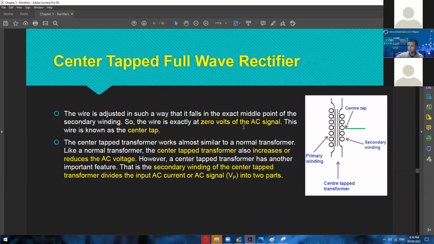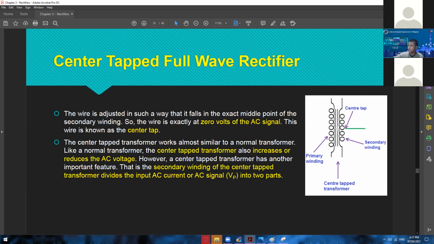So let's now proceed to another type of full wave rectifier, which is called the center tap rectifier. In here, you are now going to need an inductor. We have here the first inductor, which is called the primary winding, and then the second inductor, which is called the secondary winding.